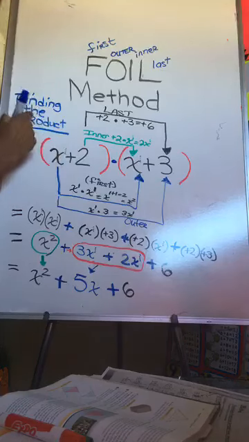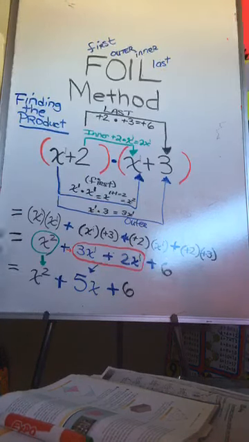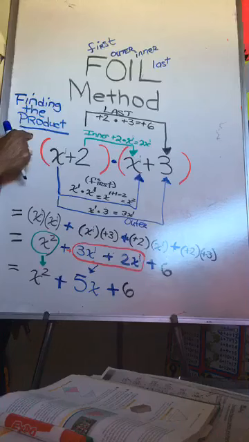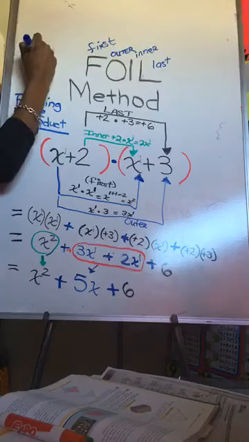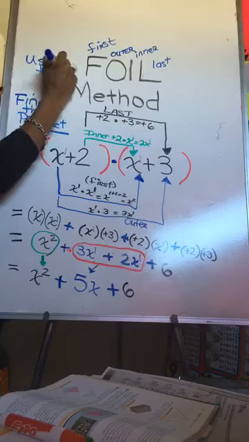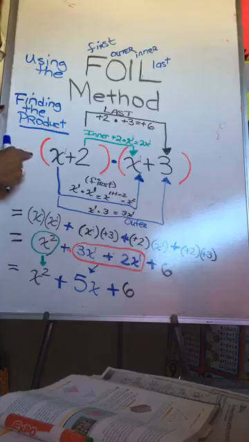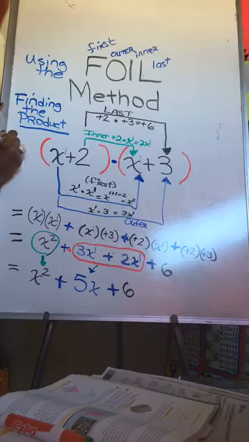So what we did was finding the product for these two expressions, okay? So we were finding the product using the FOIL method. All right, so we started here and we had to use the distributive property.